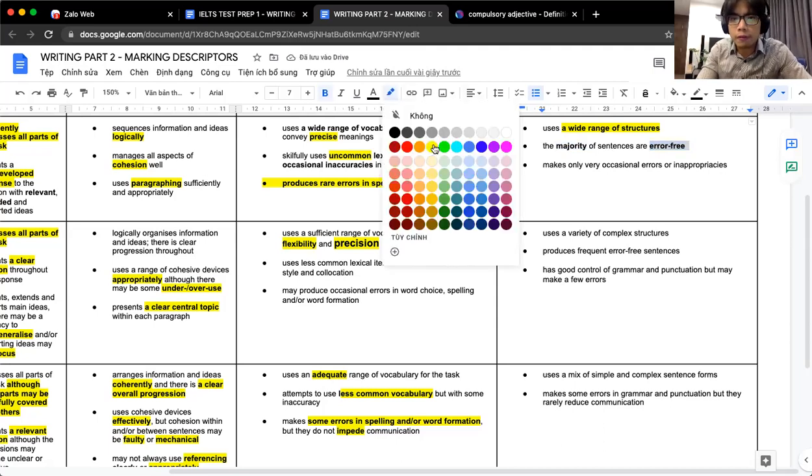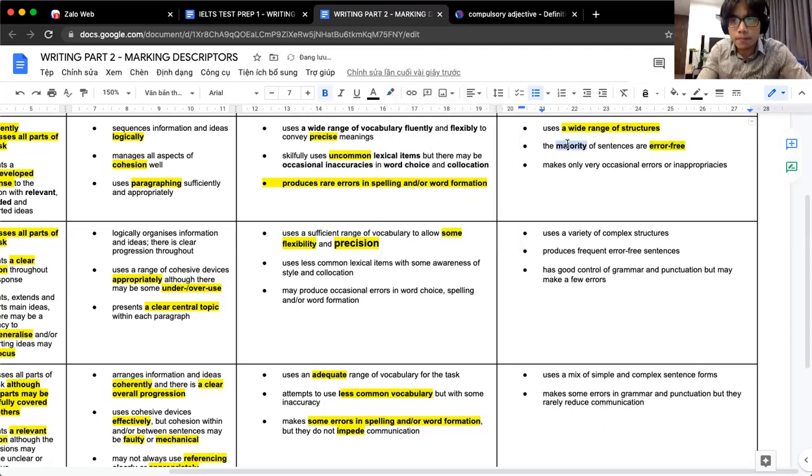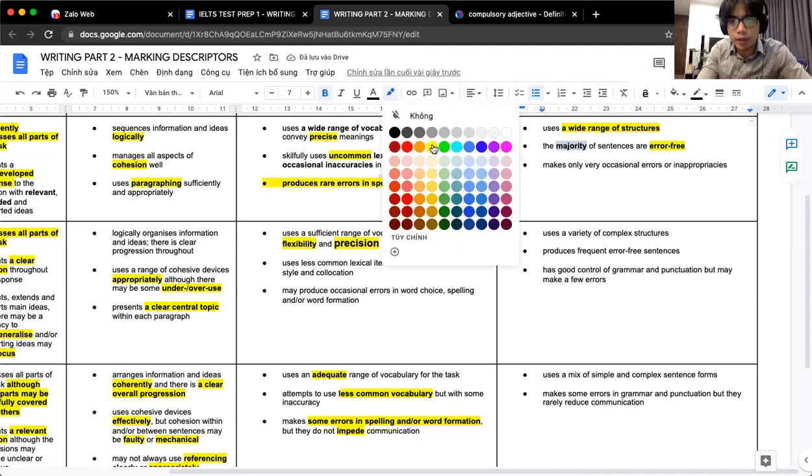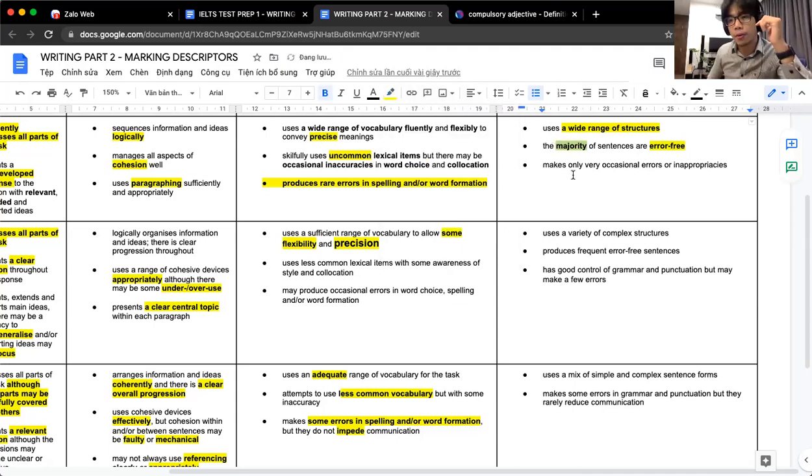So if you make a few grammatical mistakes in your writing, right, you still have band 8 for grammar. It is very interesting because they only say the majority. The problem is they don't really explain what do they mean by majority.